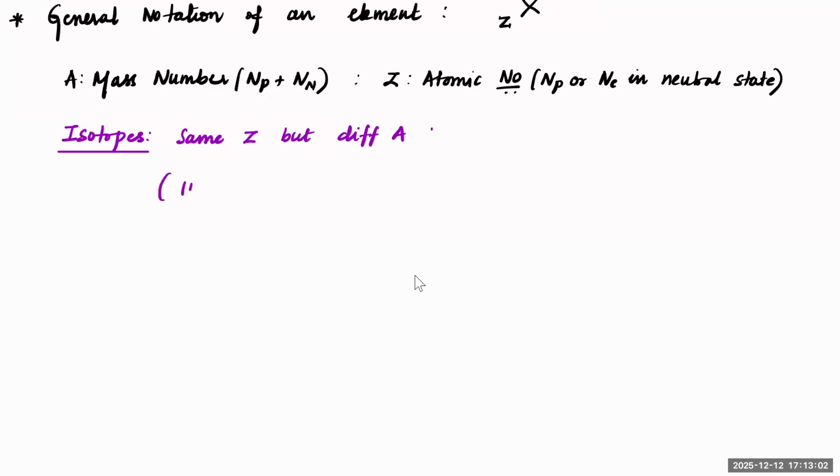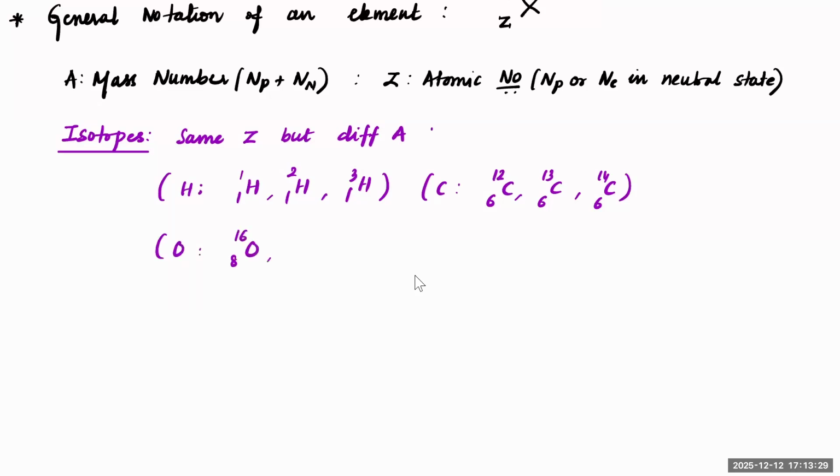For example, if it comes to hydrogen, we have H 1 1, H 2 1, H 3 1. Got it? When it comes to carbon, we have carbon 12 6, carbon 13 6, carbon 14 6. Likewise, if it comes to oxygen, we have 16 8, oxygen 18 8, and 17 8 is also there, but we use it very little.